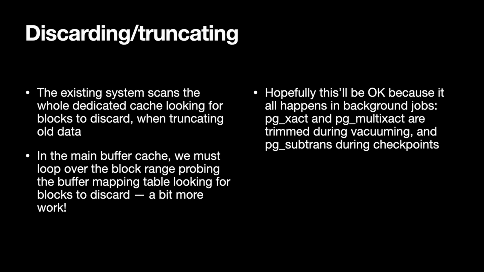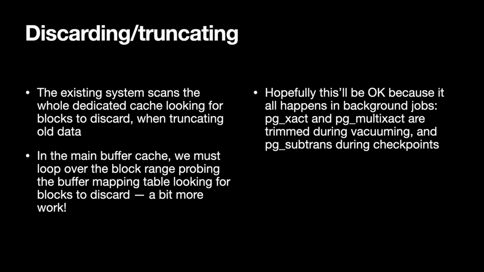That's what the existing SLRU system does, because it's in these tiny SLRU special caches. So instead, in order to discard ranges of SLRU data, we need to loop over the page range, looking up those pages and discarding them if they're found, which doesn't sound that great. Fortunately, I think in most common cases that stuff's going to be happening in the background.